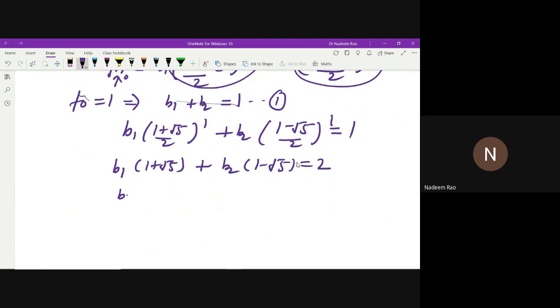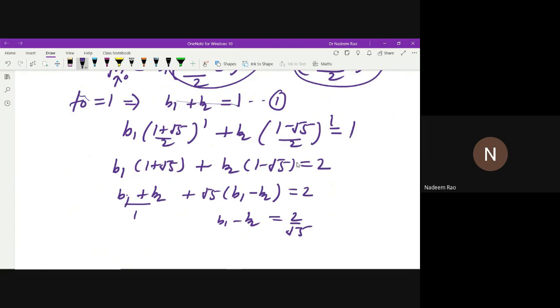If we simplify it, what we will get is b1 plus b2 plus square root 5 times b1 minus b2 equals 2. So b1 plus b2 is equal to 1. Then b1 minus b2 equals 1 upon square root 5.